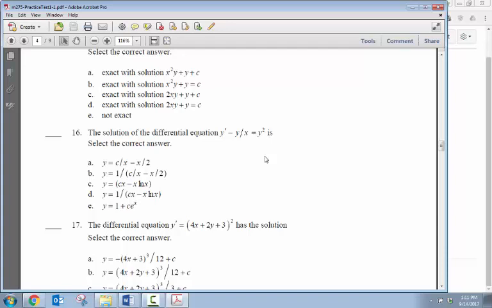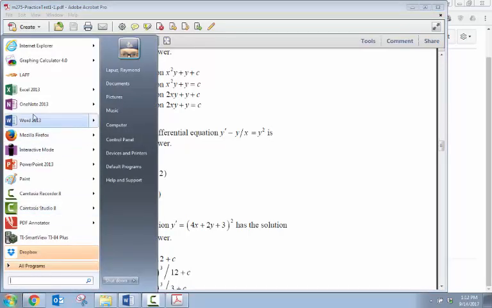So here you have a list of solutions. Now, if you're doing a multiple choice test, which you're not, you could just take these answers and put them back into the original equation to check your answers and see which one's correct. But since that's not what this is, let's actually try to do this.